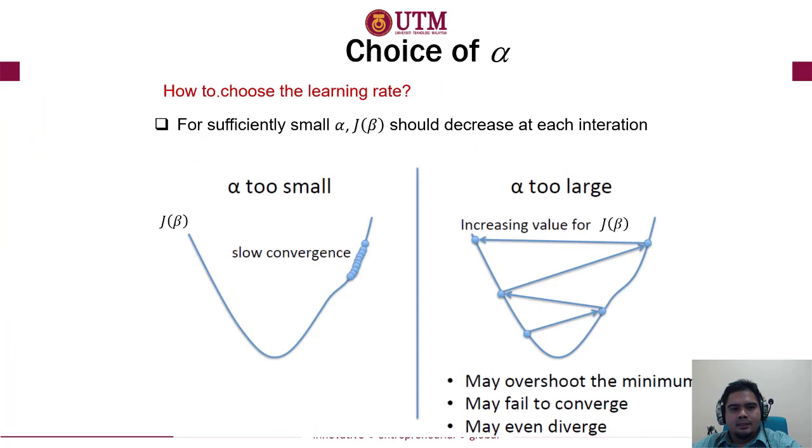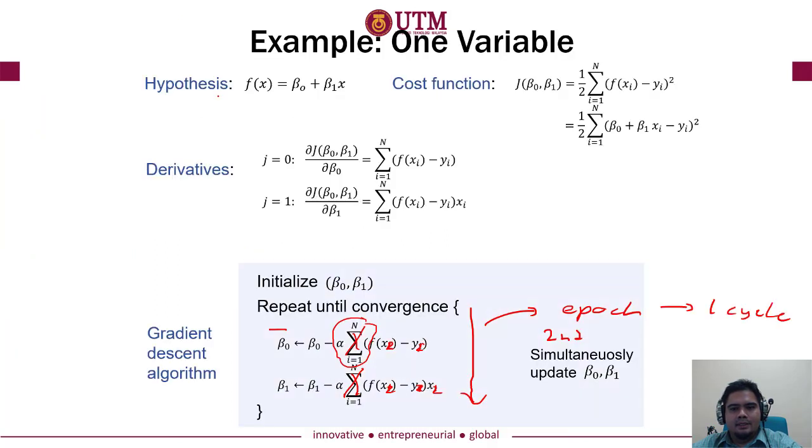This one is wrong, this is not one epoch. I just said it as one cycle of iteration, which is one complete cycle before you compute the next cycle. Make sure that you are clear about that.